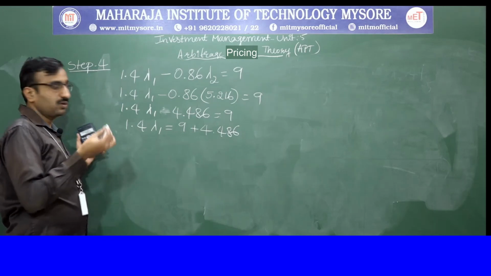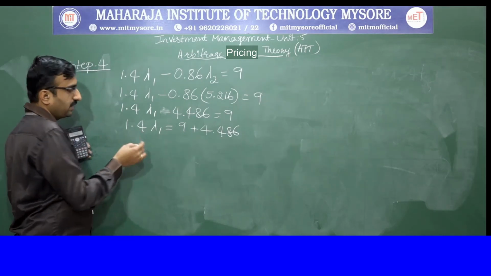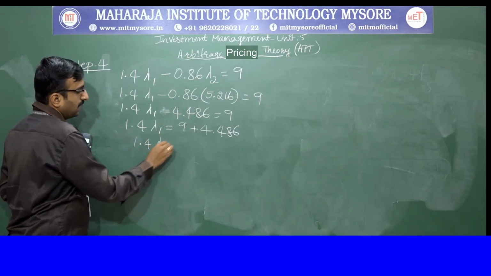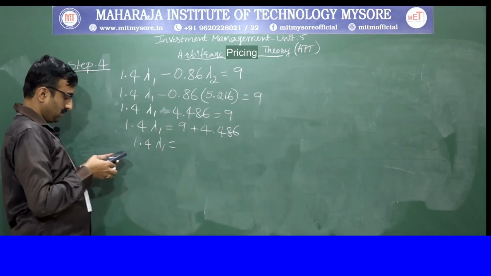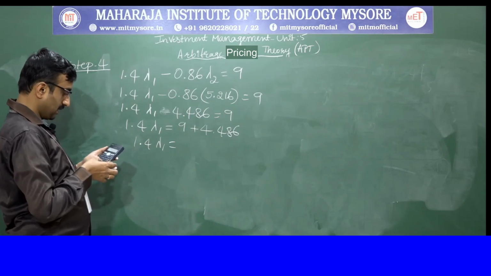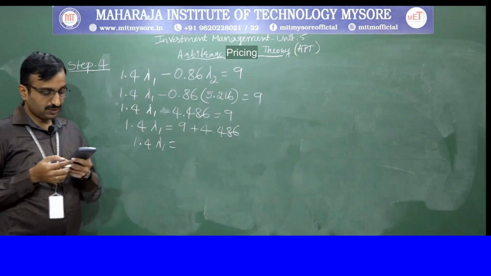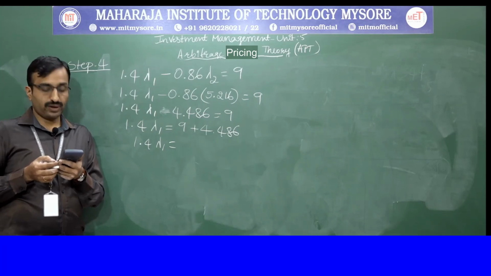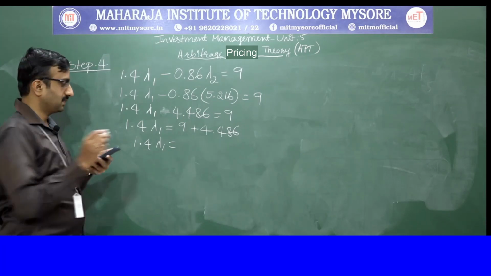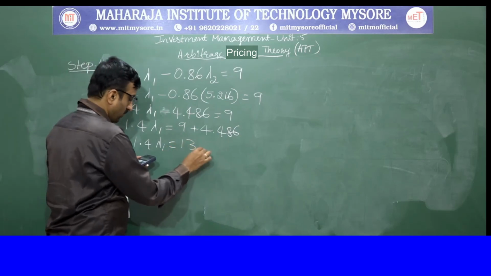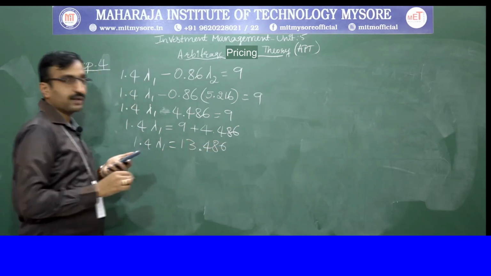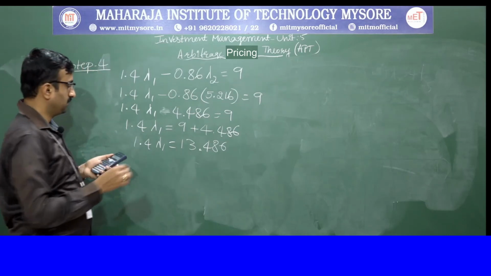Okay. So, later on we go for 1.4 lambda 1 equals 9 plus 4.486. So, how much you will get? You will get 13.486, approximately you can take it.